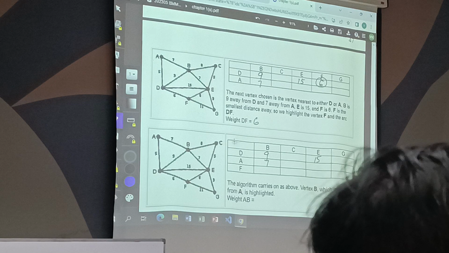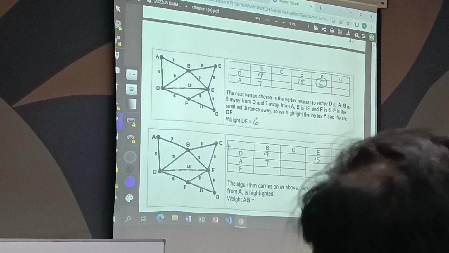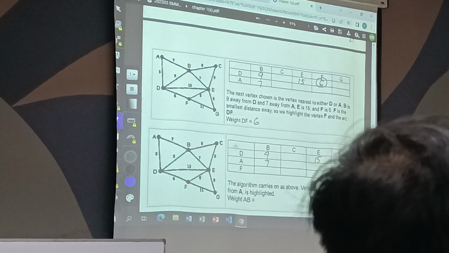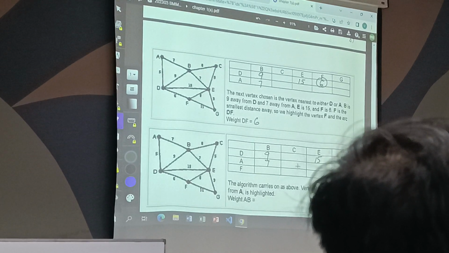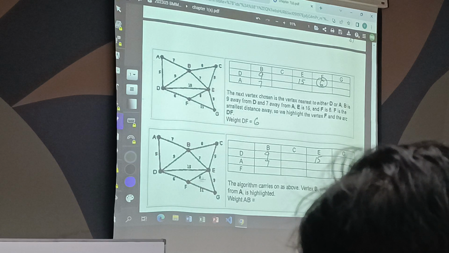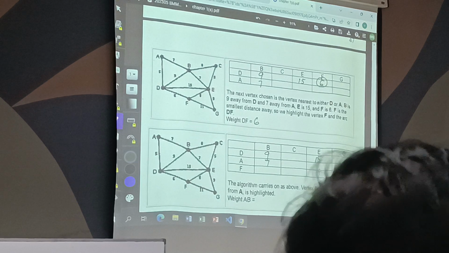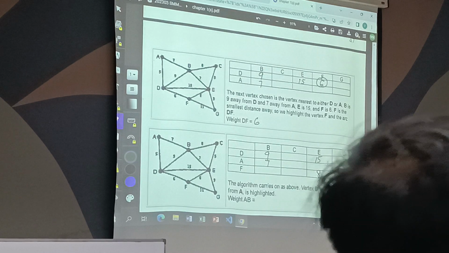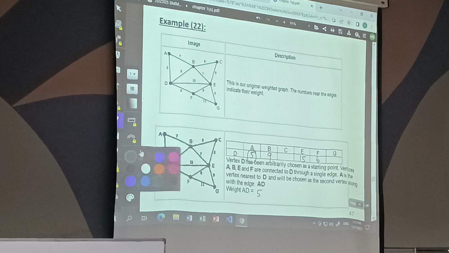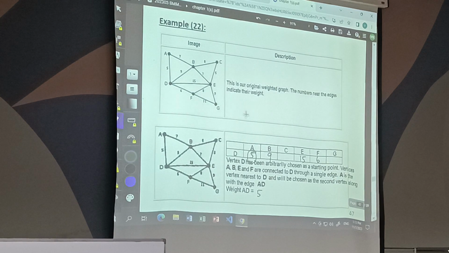F to E, right? 8, right? Oh, 8, yeah, it's 8.